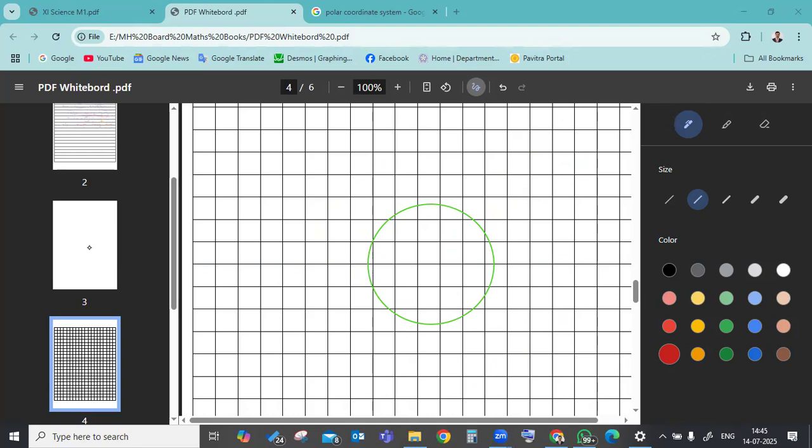Now we will be denoting the points by their position, that is, how far that point is from the origin. Getting it or not?